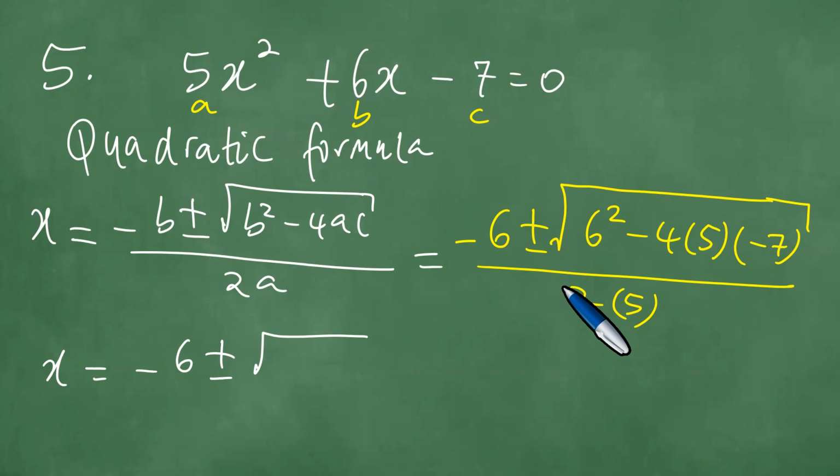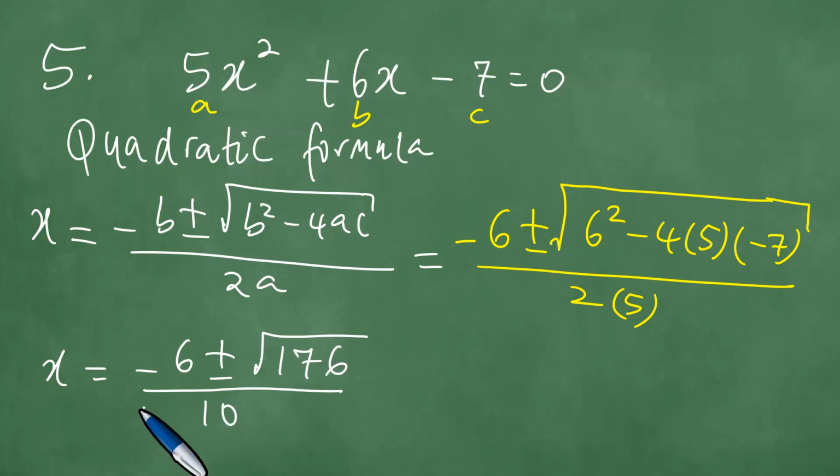There's 6 squared plus 4 by 5 by 7, and it is actually 176. So we get 176 divided by 10.